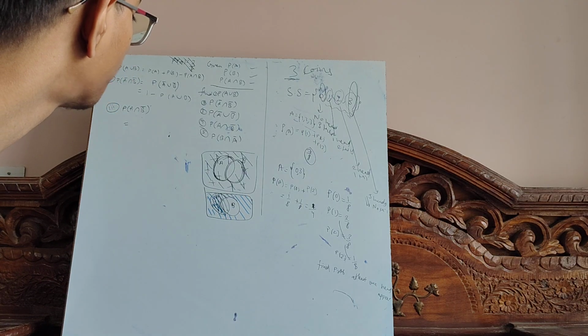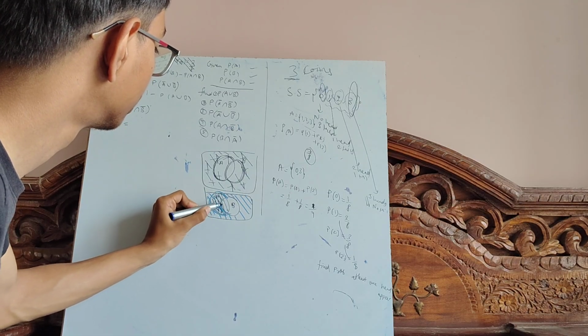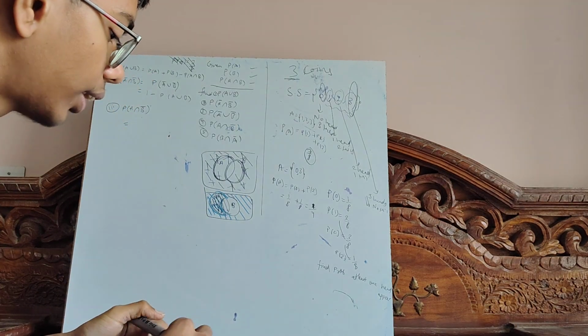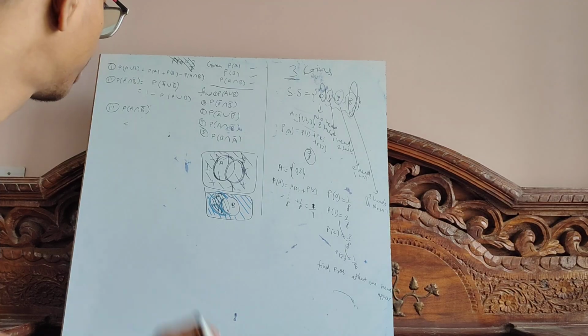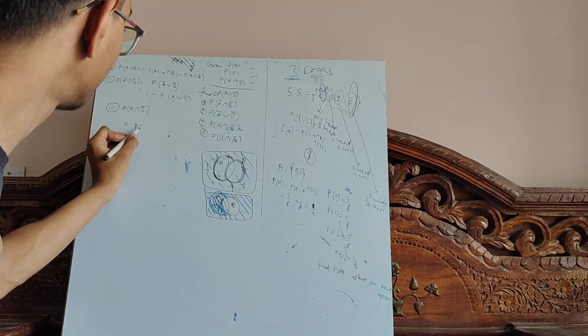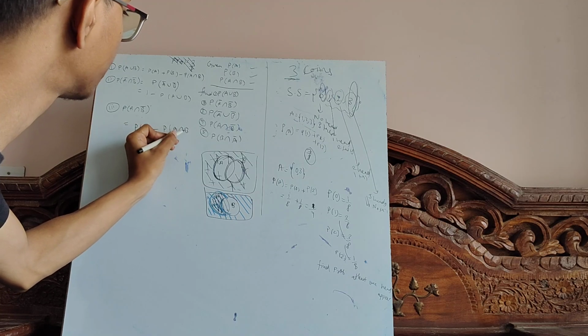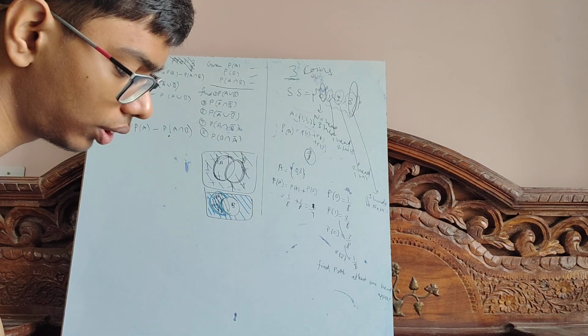Now the part that is intersecting is this part. So what I can write this as? This will be written as probability of A minus probability of A intersection B, right?